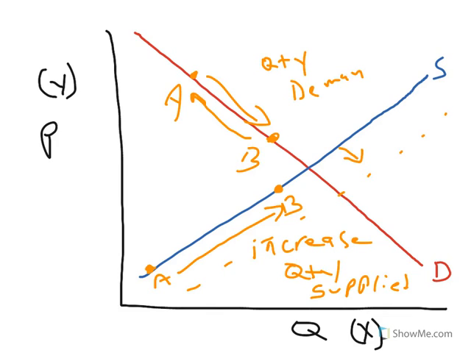If we go from B to A on any of these curves, it's a decrease in quantity either demanded or supplied. A decrease in supply or demand is indicated by a leftward shift in one of the curves.